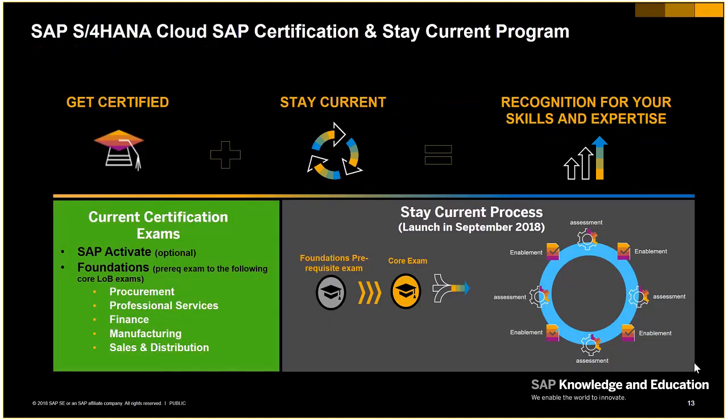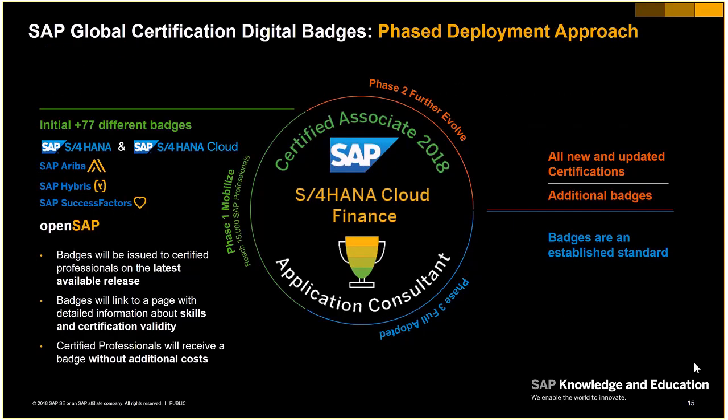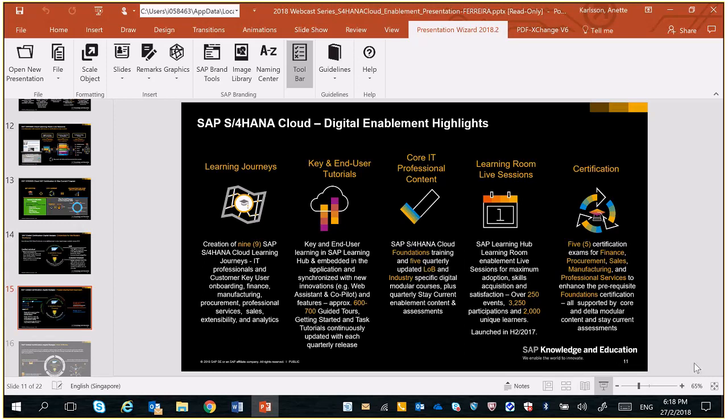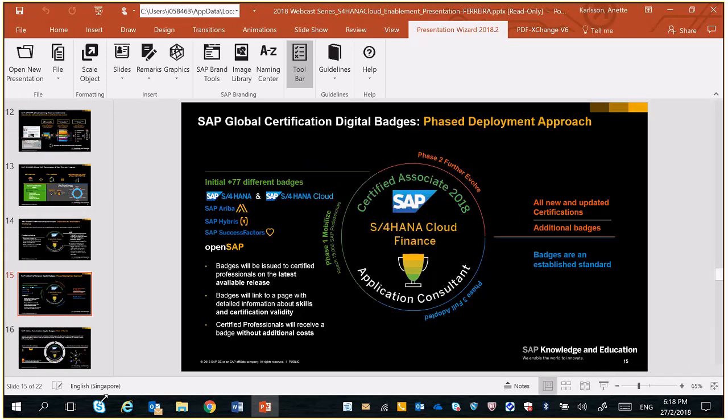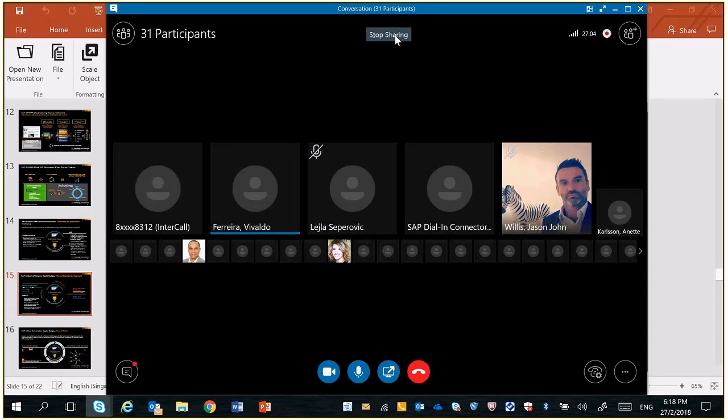What that means is that you would consume the Stay Current enablement content in the Learning Hub, and then you would take a 10 to 15 question assessment in the Learning Hub. When you pass the assessment, your badge is updated to the most current release of the product. Let's just say 1805, or it's launching in September, so let's just say 1811.